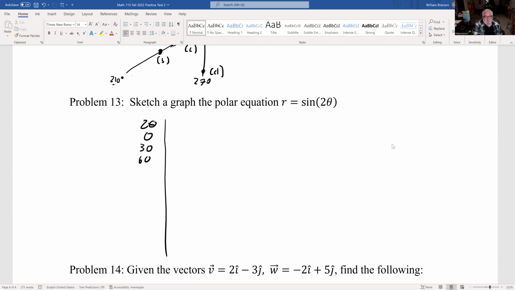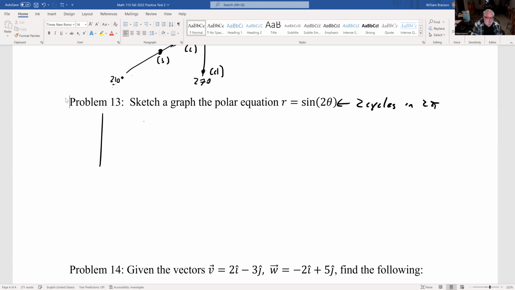Well, actually, there's a couple different ways to explain this, so I'm going to use a different way to do this. So let me undo this. Okay, so a different way to explain this. Sine 2 theta, we know this is 2 cycles in 2 pi, because it's a 2 theta.